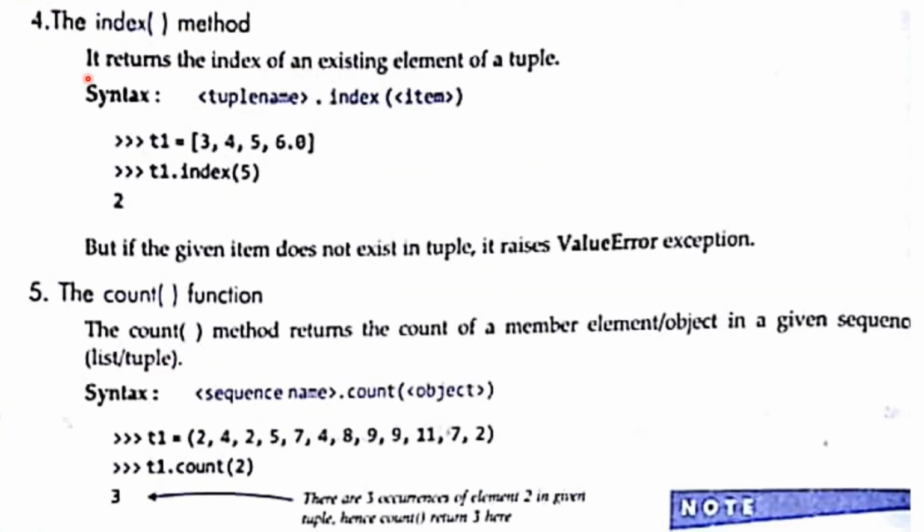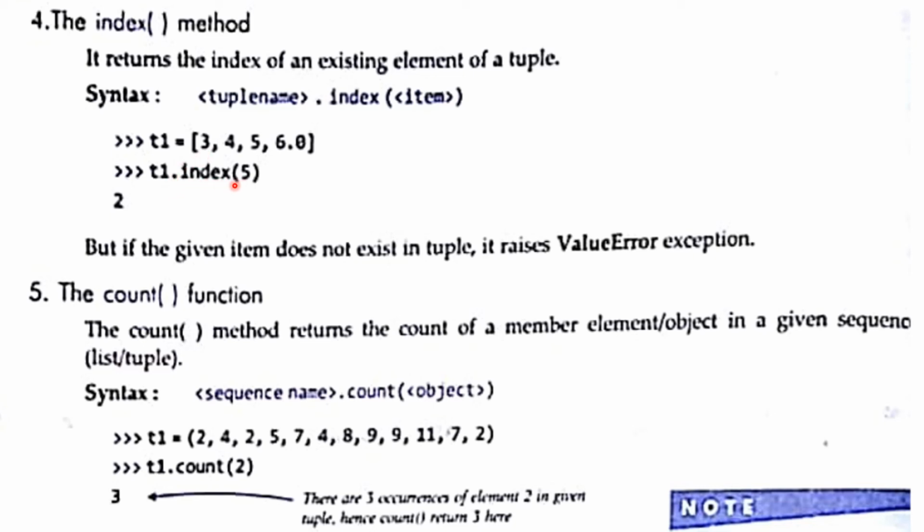Next is the index method. It returns the index of an existing element of a tuple. The syntax is tuple name dot index and the item you want to know the index value of. So for a given list or tuple, if you write t1 dot index of 5, 5 is the element whose index value you want to know.